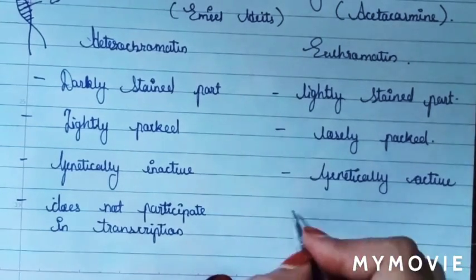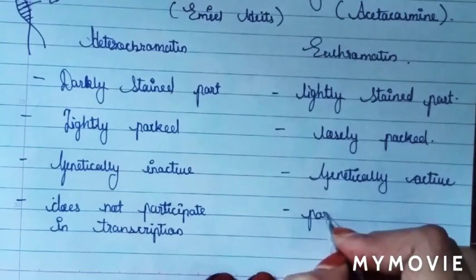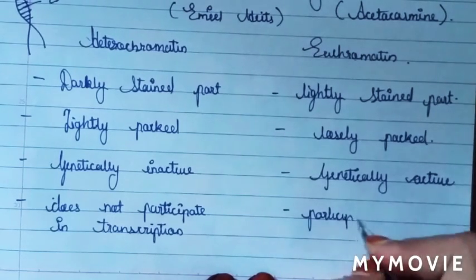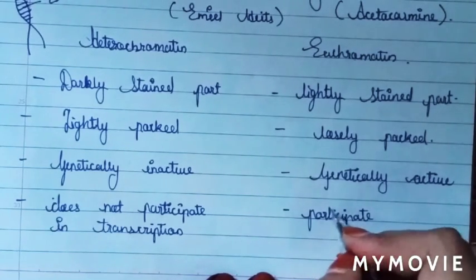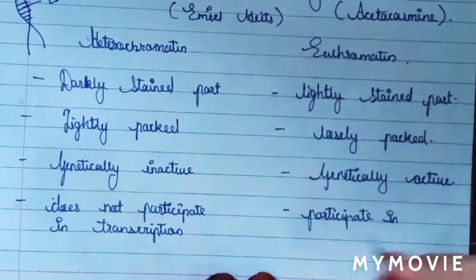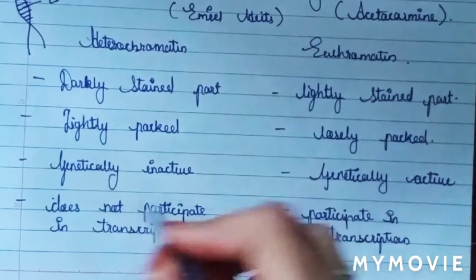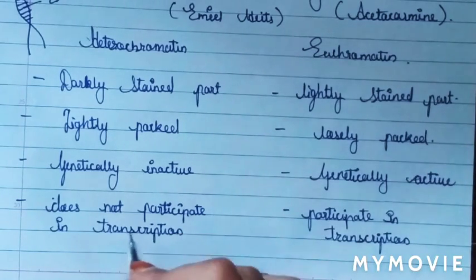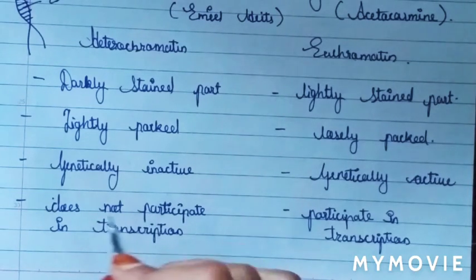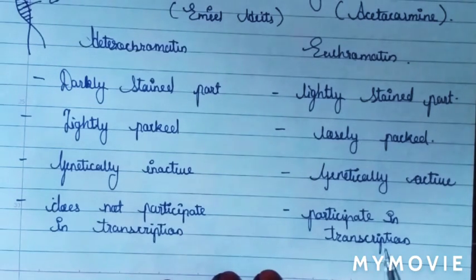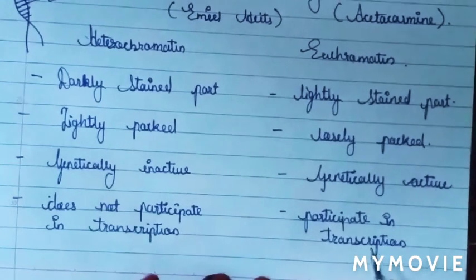Whereas euchromatin participates in transcription. This part does not participate in transcription, so here the proteins are not formed, meaning non-histone proteins. But here this euchromatin participates in transcription, so here the proteins are formed.